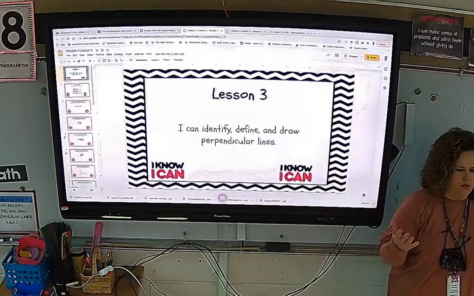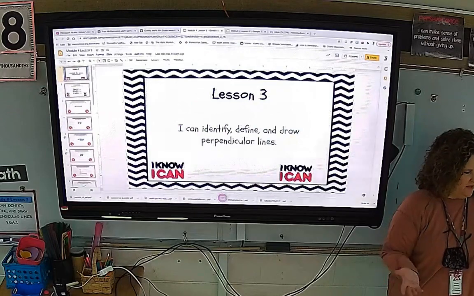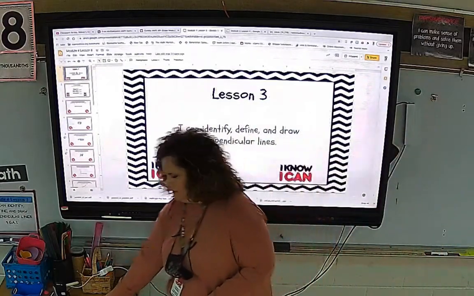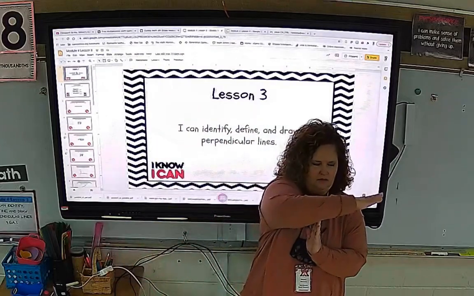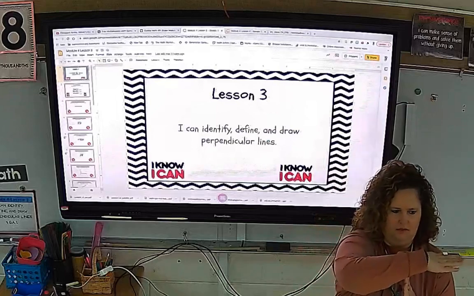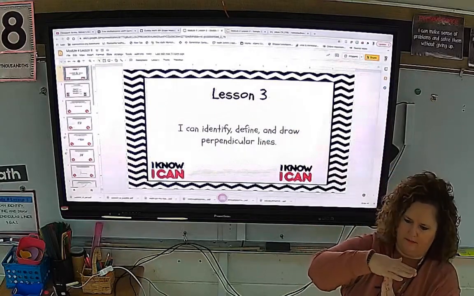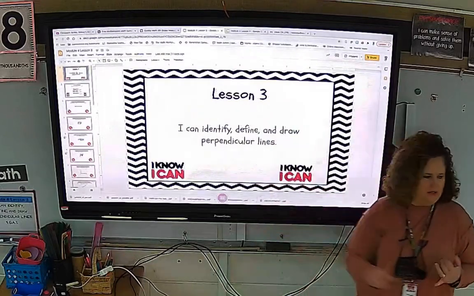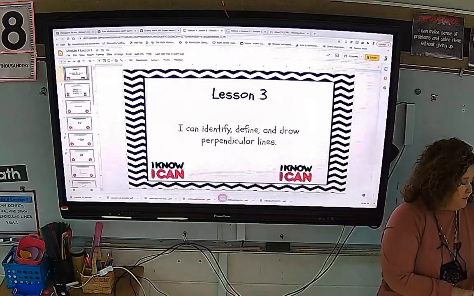Do you remember what they do when they say perpendicular lines? They make a big T with their arms, trying to be like the lines, and of course my arms are not perfectly straight. What we want to know is what those are exactly and how you make them if you need to.